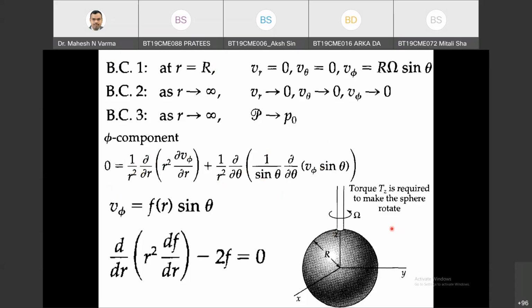Roll number 20, Aviral. Yes, sir. Did you get this equation? Yes, sir. Can you show me your notes? Sir, can you wait for a second? Why do you need to wait? Because you got the equation, no?